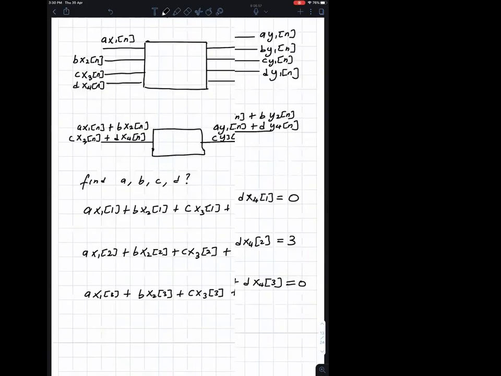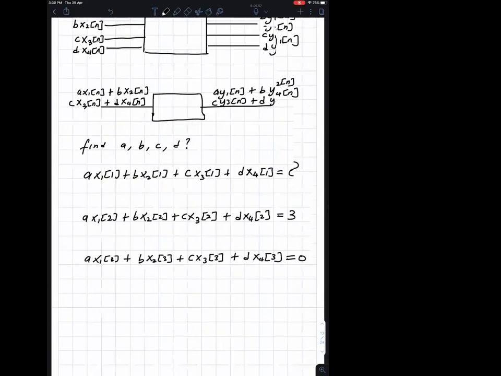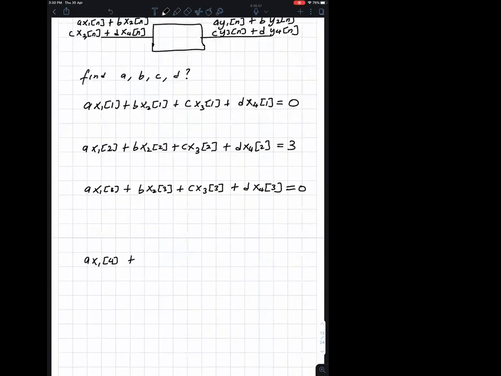Then you do one more: A x1[4] plus B x2[4] plus C x3[4] plus D x4[4].